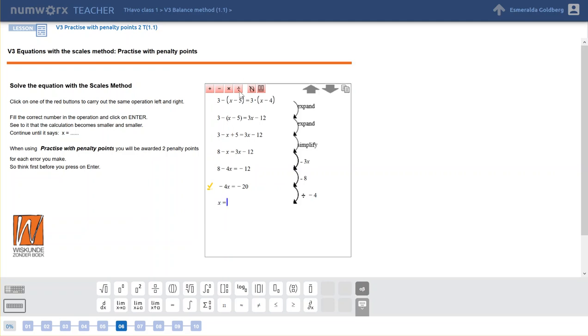X is now the result of minus 20 divided by minus 4. That's negative divided by negative, so it will be positive. Minus 20 divided by minus 4 is 5. That's the solution to this equation, and that's how you remove brackets when there's only a negative sign in front of it. Imagine that there's actually a minus 1 with which you multiply.